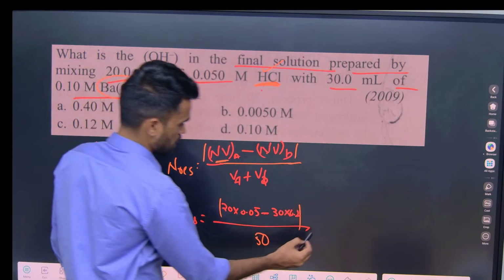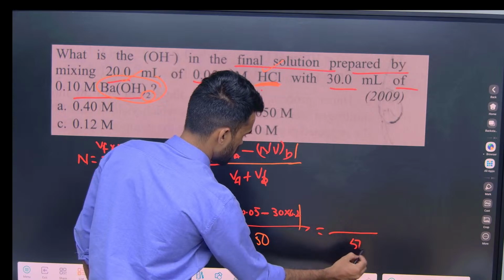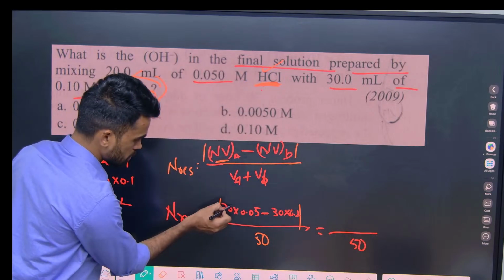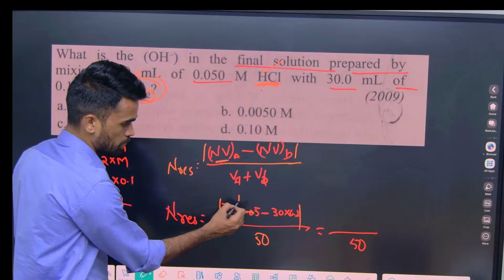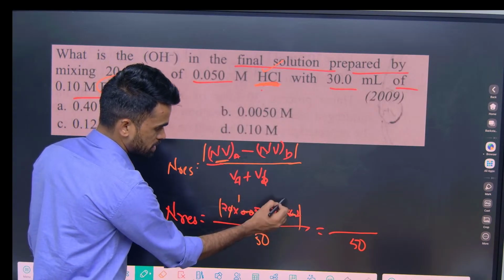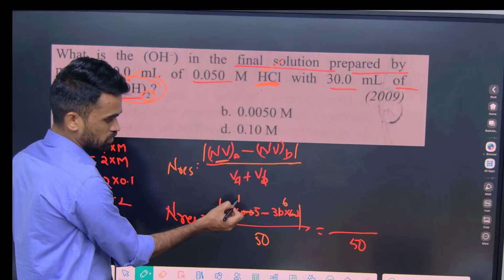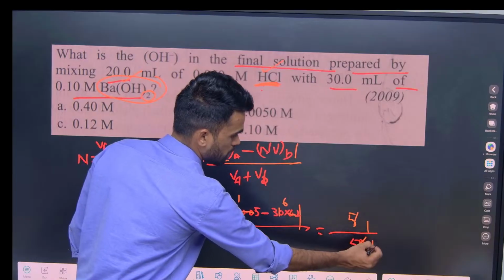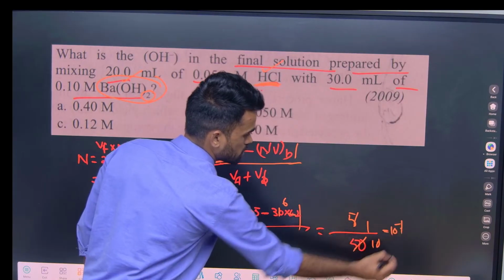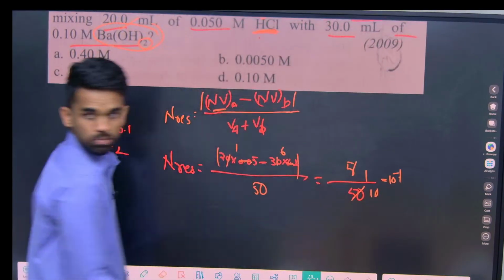Now what did we get finally? 50 in the denominator. So here I can write 0.5, 0.05 times 20 is 1 and this is 6. 6 minus 1 is 5. Mod is there, so you can simply write it as 5. 5 by 50, that is 10 power minus 1 or 0.1.